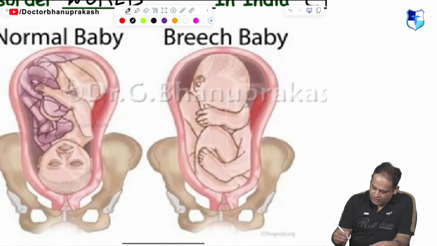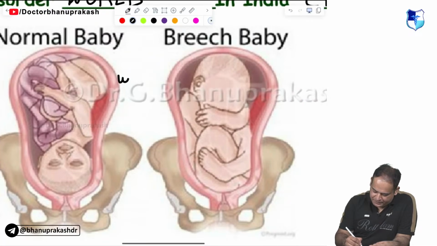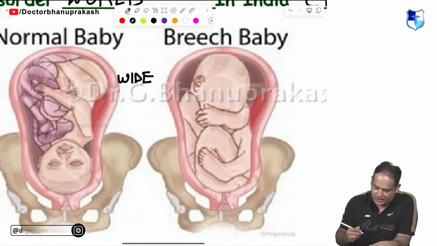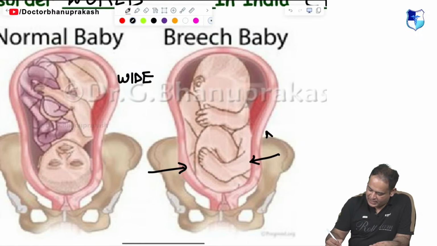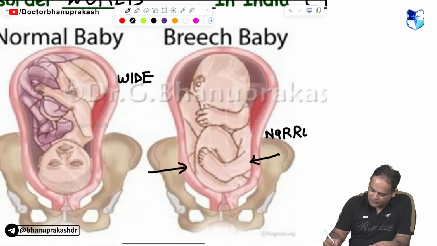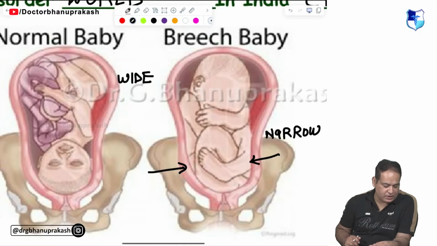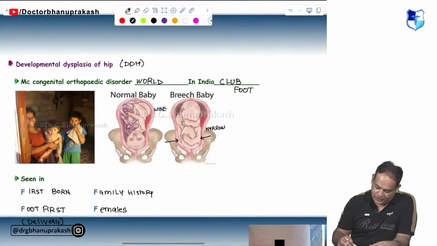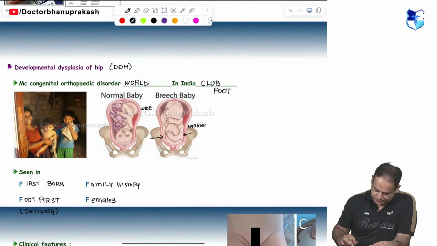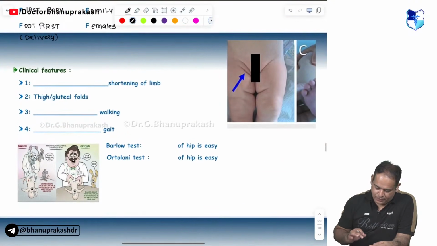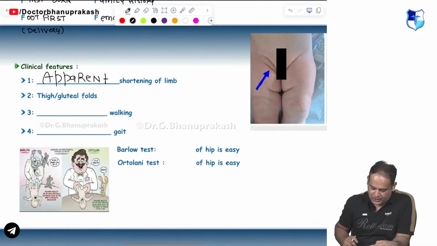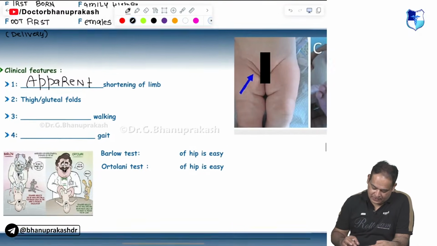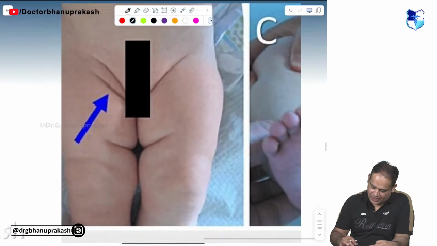Now see, normal baby hips lie in the wide part of the uterus. Breech baby hips lie in the narrow part of the uterus, okay? That is why it is common in breech delivery. Clinical features: apparent shortening of the limb, then asymmetrical thigh folds.